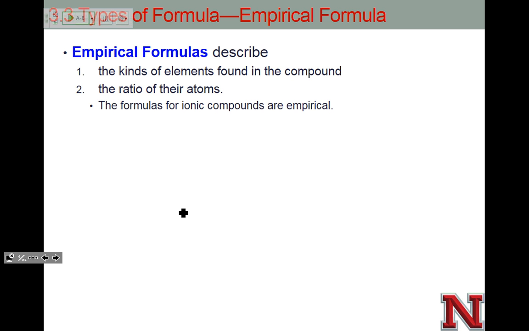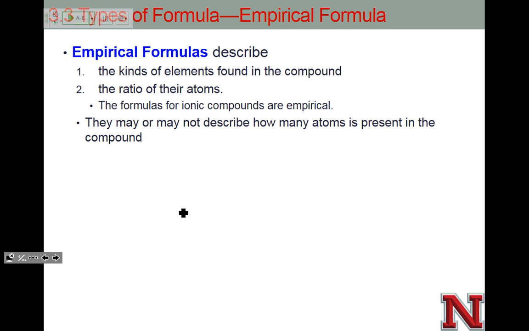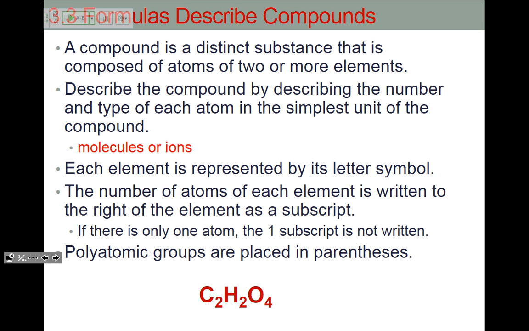So the first formula that I want to talk about is the empirical formula. All the empirical formula does is tell us the elements that are present and the ratio those elements are present. But it might not show the exact amount of elements present. So it's our lowest number ratio. It may describe the total amount, but it may not. So for example, I know that this one is likely not the empirical formula because we don't have the lowest number ratio.